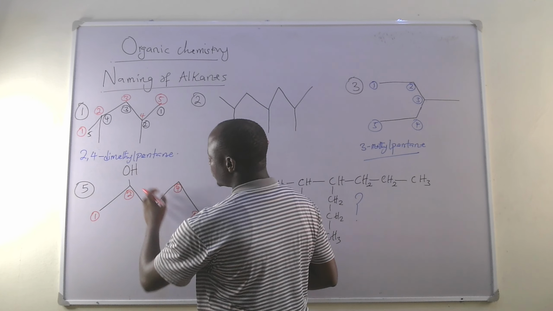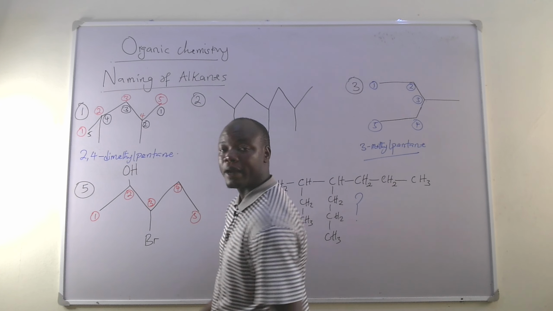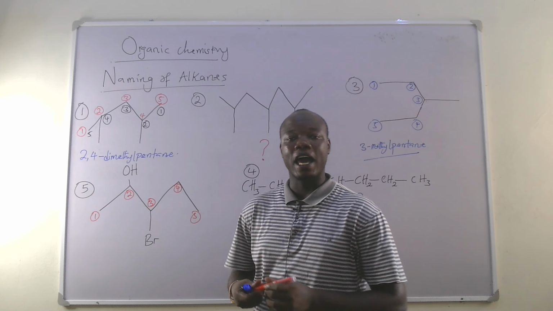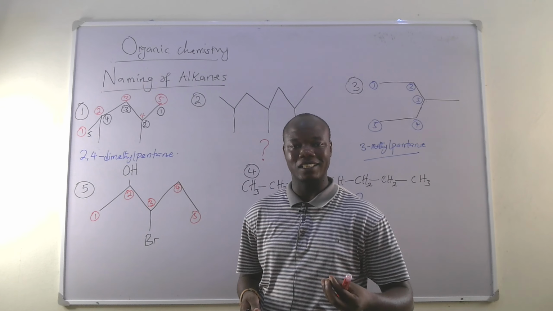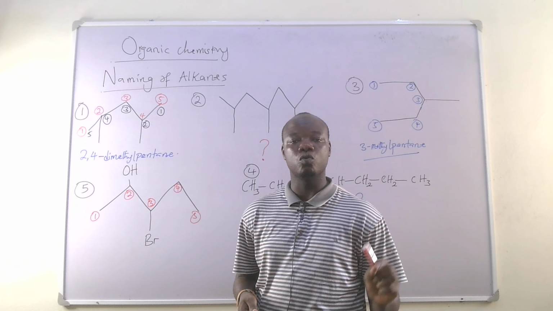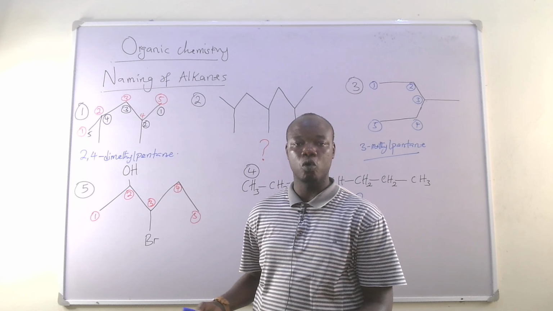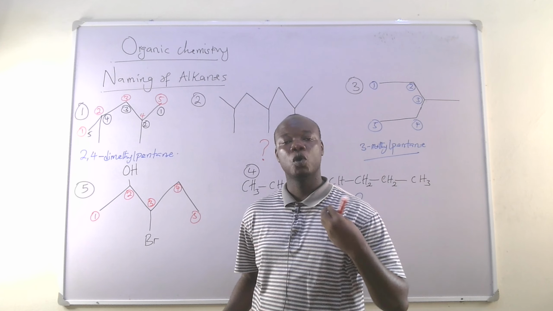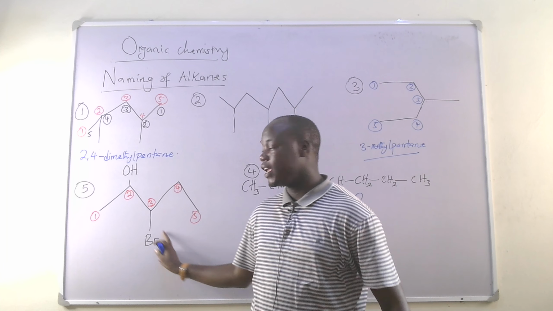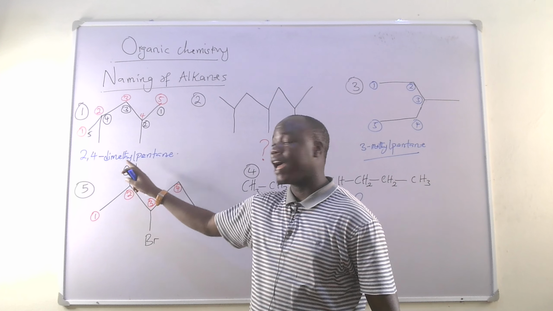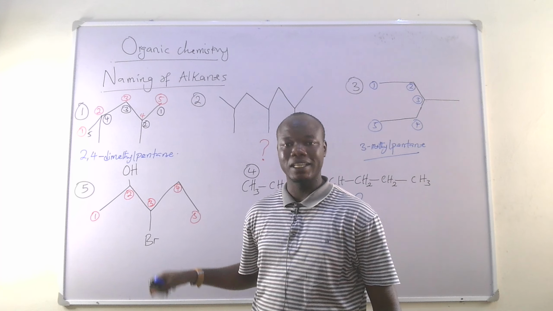From here, we have hydroxy at carbon 2 and we have bromo. Remember from the previous video, I told you that whenever we have a halogen, it usually changes to, or ends with, O. So bromine changes to bromo, chlorine changes to chloro, iodine changes to iodo. Here we have bromo and we have hydroxy, and both are substituents.